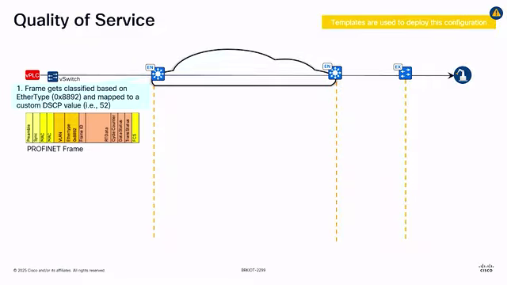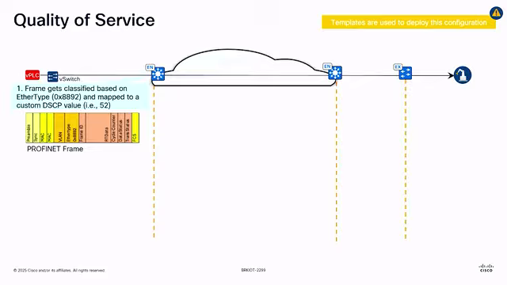The way we preserved the priority of Profinet and ProfiSafe over the fabric: for Profinet and ProfiSafe real time, we are talking about a layer 2 frame, so we don't have the DSCP values. But once we go into the fabric, it's a layer 3 network, and we prioritize based on the DSCP.